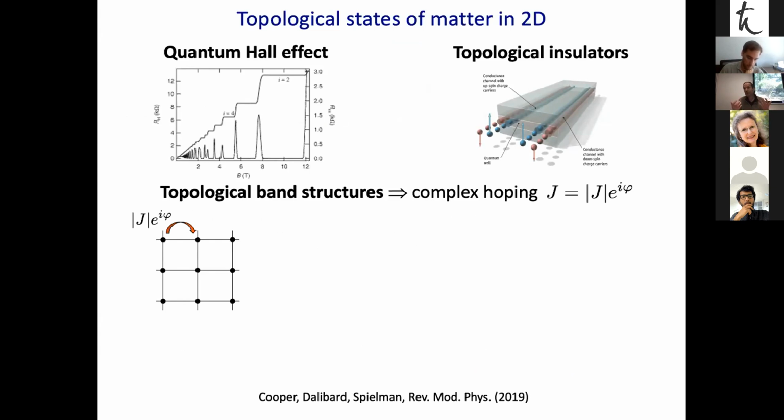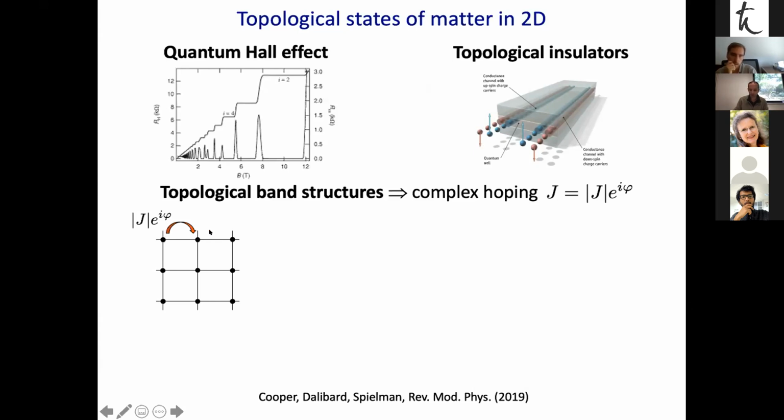It's just that usually this is the situation that people have in mind when they think about topology in the context of the quantum Hall effect, topological insulators. And quite often, this is associated to the fact that you have a topological band structure, which requires, to be possible, some kind of complex hoppings between sites. So for example, if you just take a square array in this way, what you would like to implement is a coupling which has a phase.